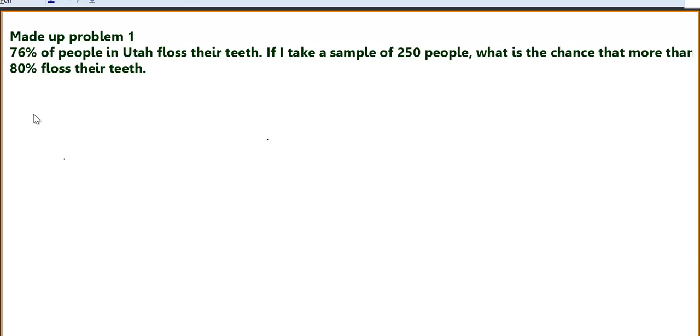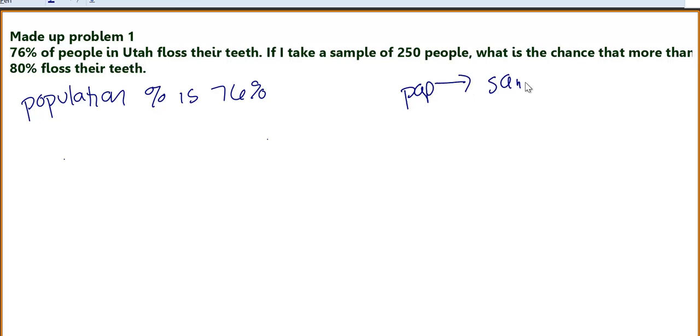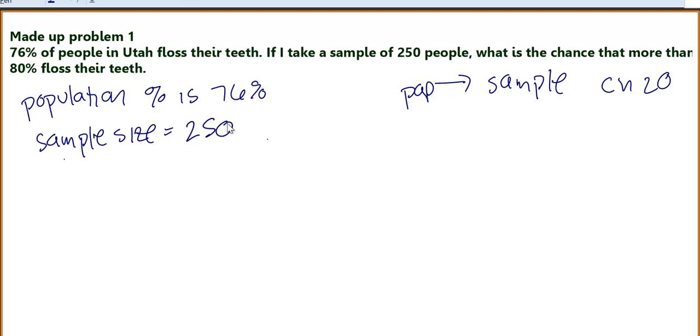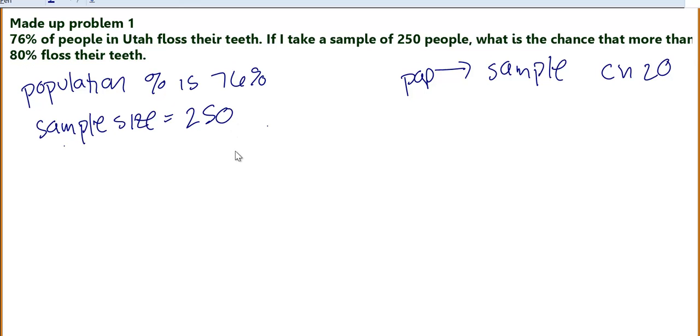Okay, so we know information about the population because my population percentage is 76%. So we're going from population to sample, so chapter 20. And we can also write down that my sample size equals 250.